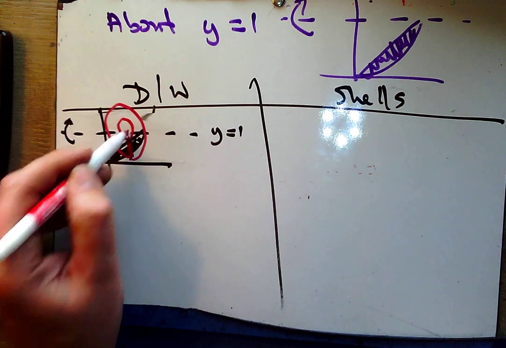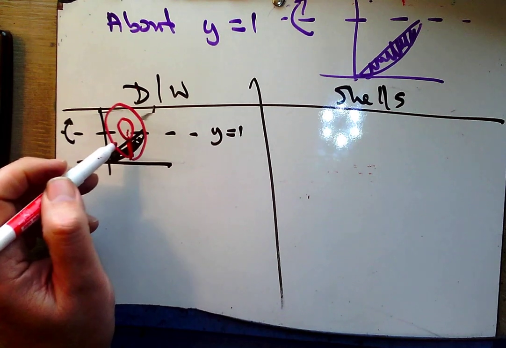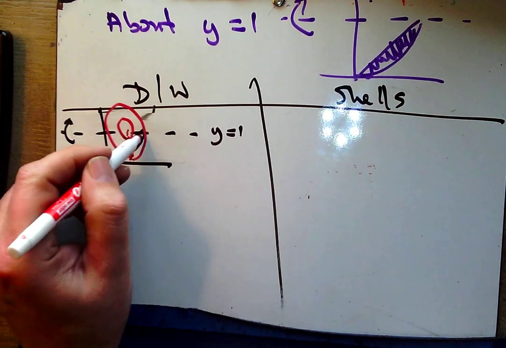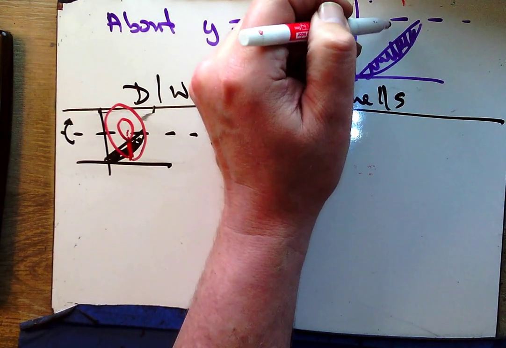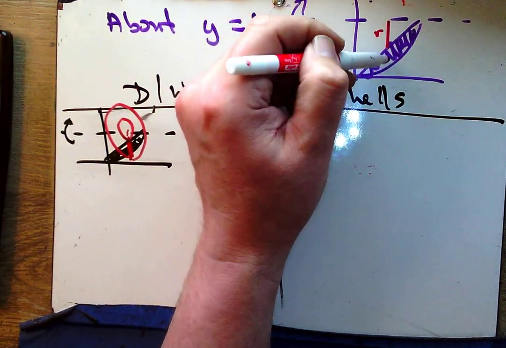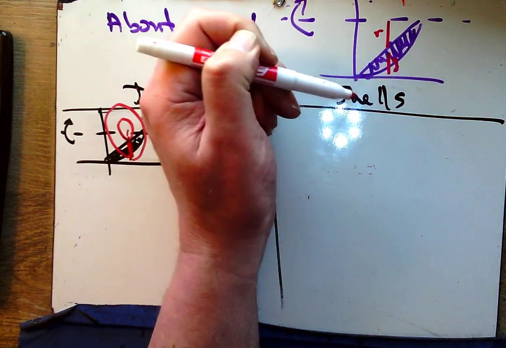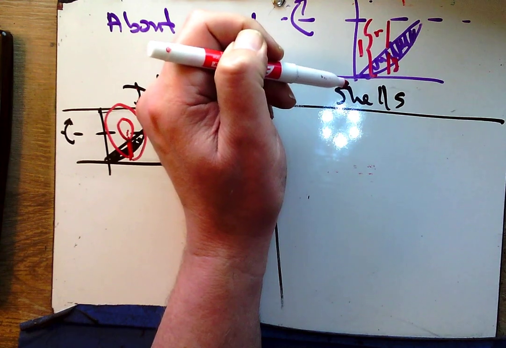Now, this is little r. Little r is not the y value for this line. Right? We're talking about this now. That's little r. That's the y value, and this is 1.